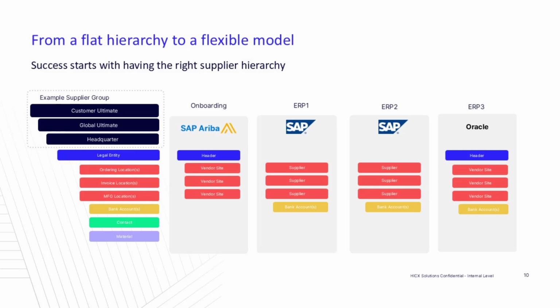Looking at the chart here, what you'll notice is that different transactional systems or other solutions have a need for the supplier data, but those needs are not always the same. What we need to do is create a best practice view which we know is battle tested and will work across any situation now and in the future. In other words, a model that fits into every single scenario.